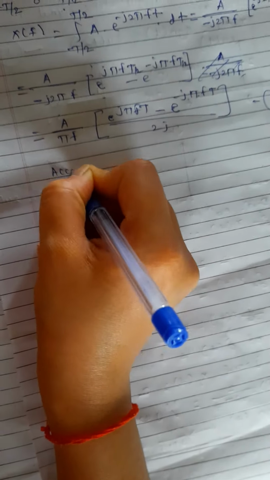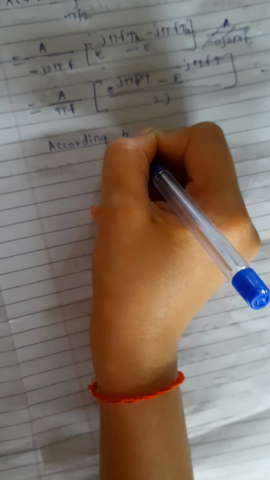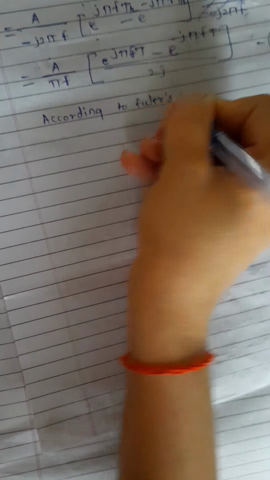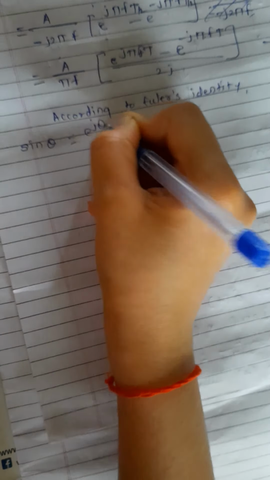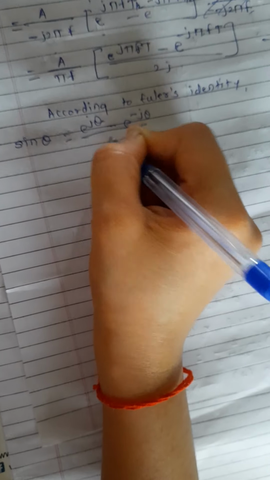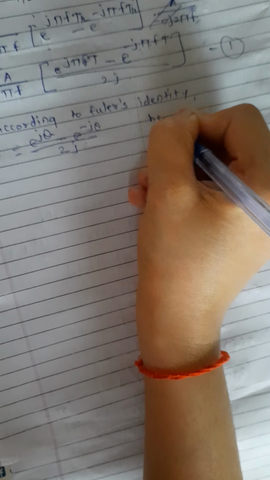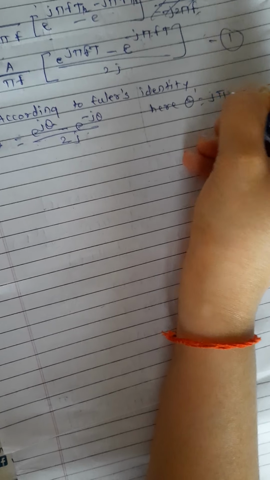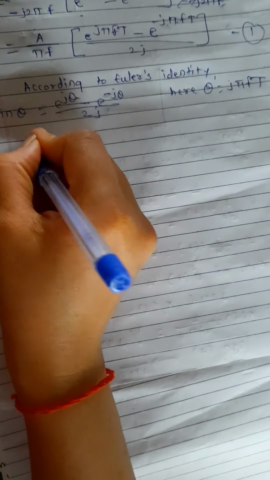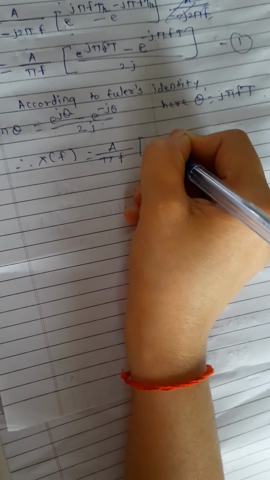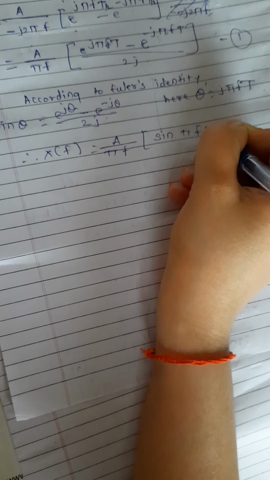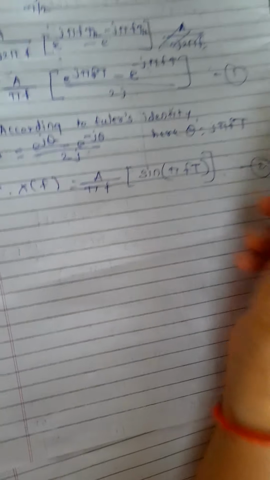Now here theta is pi f capital T. So the equation becomes X of f is equal to A by pi f into sine of pi f T. This is equation number 2.